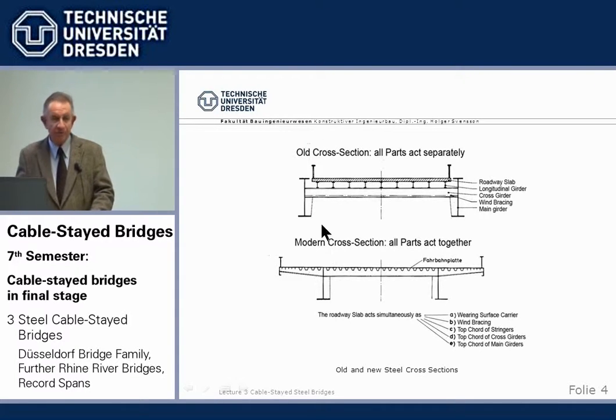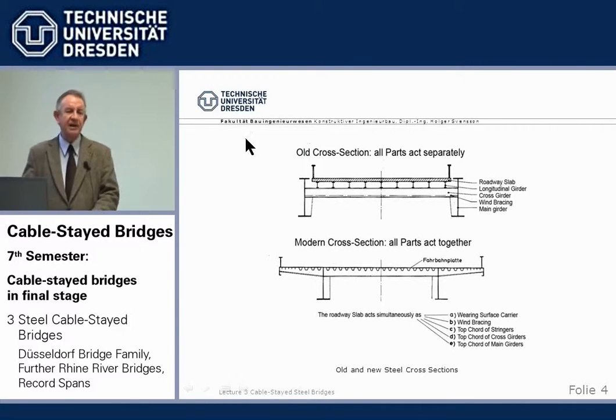Now, with a modern orthotropic deck cross-section, all parts act together. We have the orthotropic deck, which acts as top flange of the main girder, as top flange of the cross girder in transverse direction, as the top flange of the stiffeners for the steel plate here.